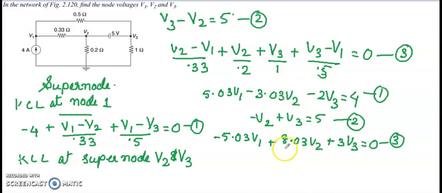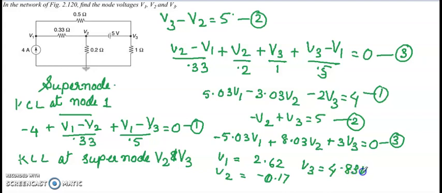So we can put these 3 equations in the calculator, 3 equations and 3 unknowns, and you have got options to solve that in the calculator, and you will get V1 as minus 2.62, sorry, there is no minus, 2.62, and V2 is equal to minus 0.17, and V3 is equal to 4.83 volt.